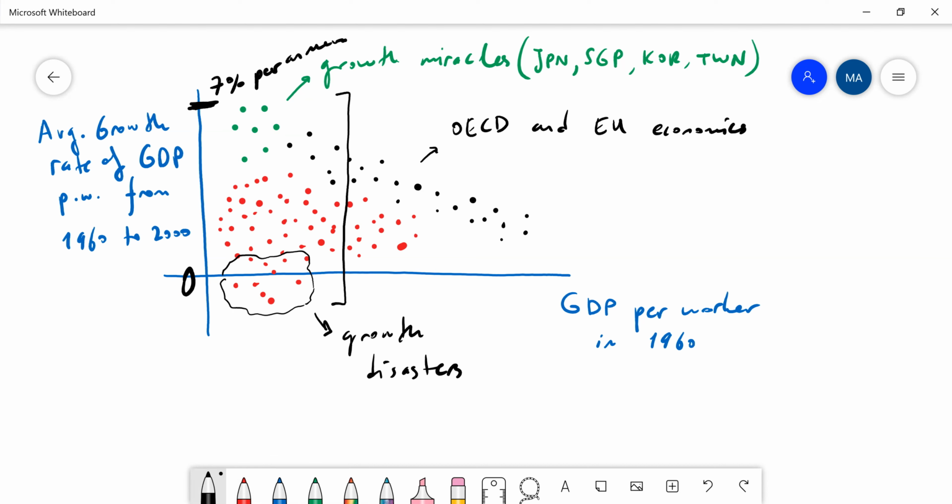So that's one of the Kaldor facts, and even Kaldor observed that for the first half of the 20th century, but we also observe it today. So if you redraw this type of graph, for instance, for 1960 to 2020, and so this is G for that period, and this is Y at 1960, you also observe something similar.